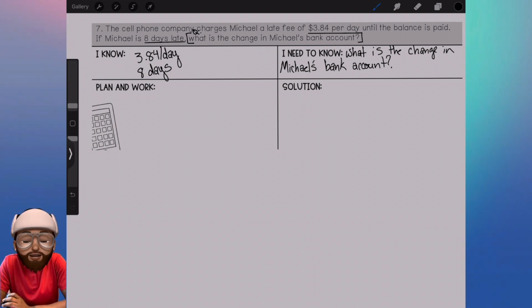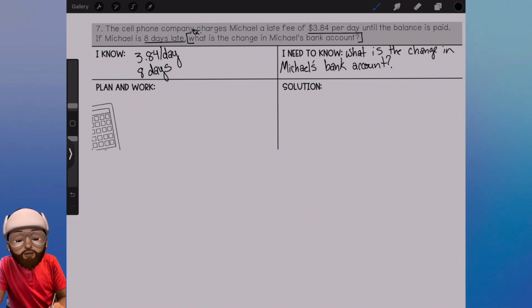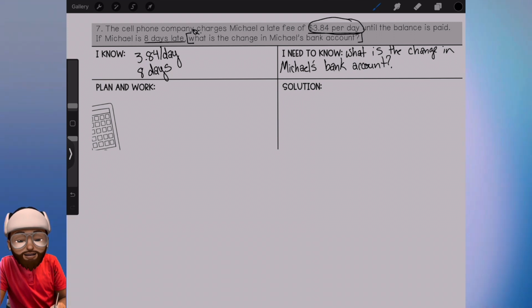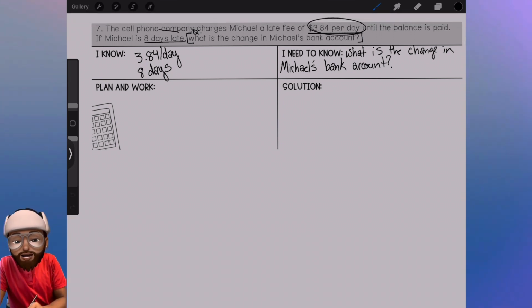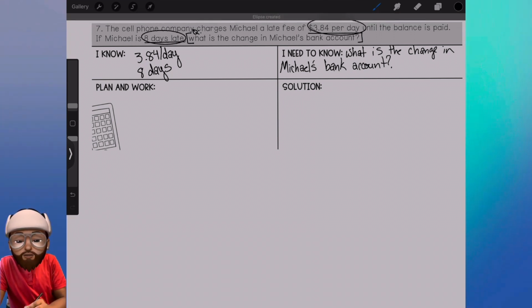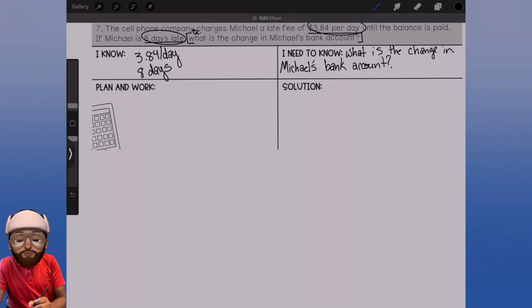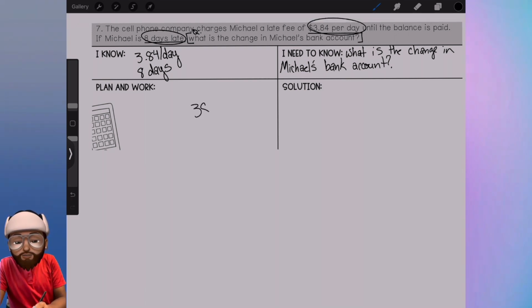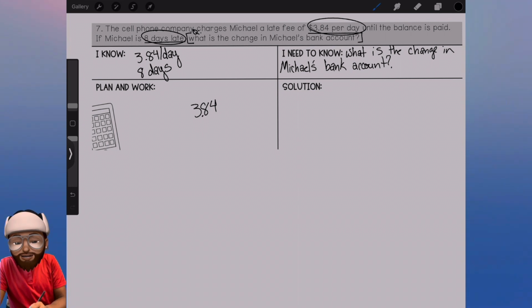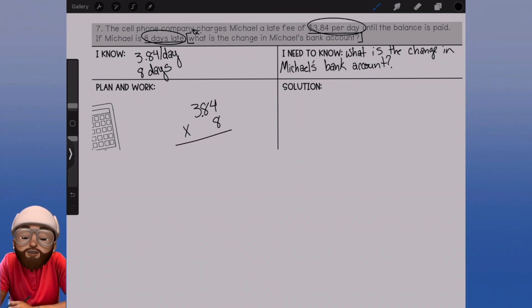We know that we're going to have to do $3.84 per day, and that's going to be times 8 days. So we're going to go ahead and write that in the plan and work section. 3.84 times 8 days. So now we need to multiply this. But remember, we're multiplying rational numbers, and these are decimals that we're doing.